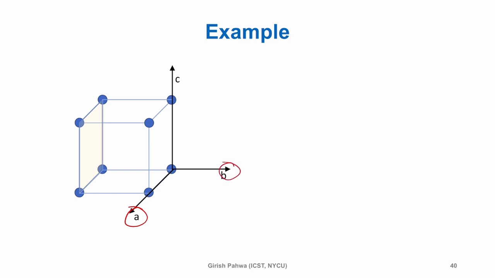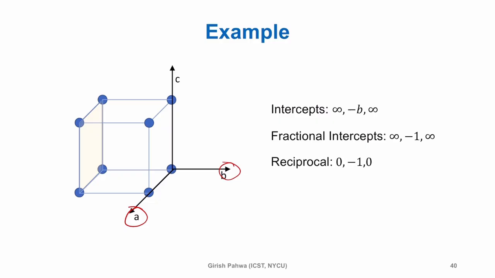Intercept on B, minus B. Intercept on C, infinity. So infinity, minus 1, infinity, right? In fractional intercepts. Take the reciprocal. So that will be 0, minus 1 and 0. Now in the Miller indices, minus is represented by a bar. So 0, 1 bar, 0. Okay.